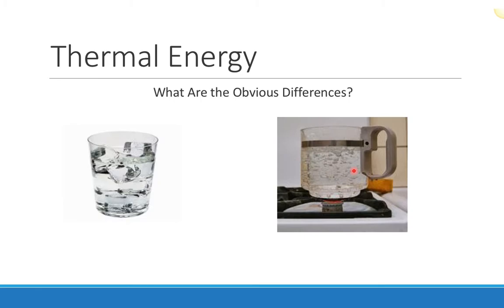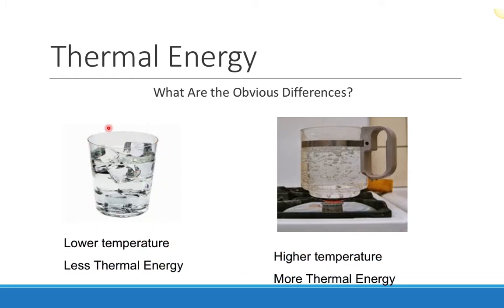Now if we went back and asked the same question again, what are the obvious differences between these? The ice water here, the molecules would not have as much kinetic energy. The material is at a lower temperature, and obviously the boiling water is at a higher temperature.